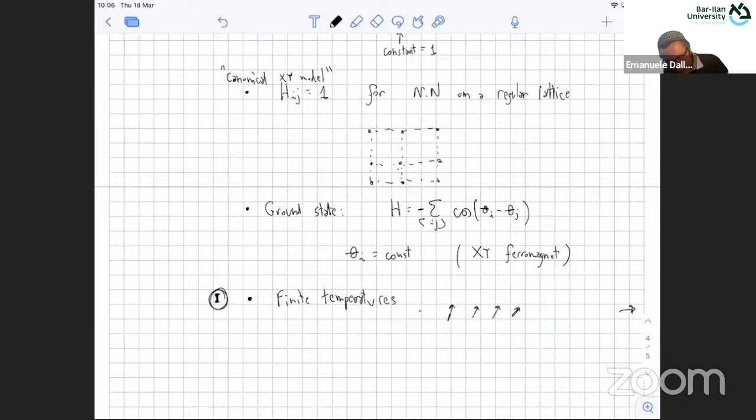So I think it's very easy to see, even without any equations, that in 1D there is no long range order, just because a small fluctuation summed over many lattice sites adds up to 2 pi, whatever.